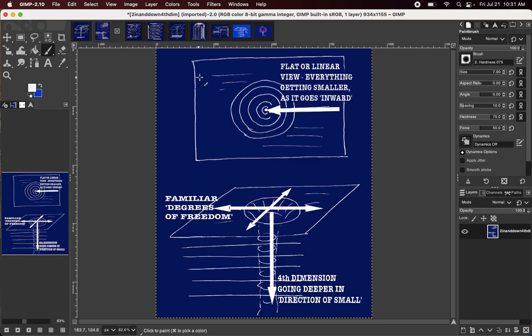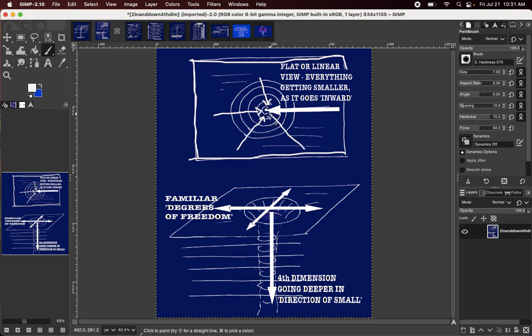In this image, I show how the flat view, when we are thinking of space in linear terms, we think that things just have to get smaller and smaller and smaller. We have nowhere to go with this, so the only way we can think of it is as things getting smaller and smaller, which is not what the math actually says.